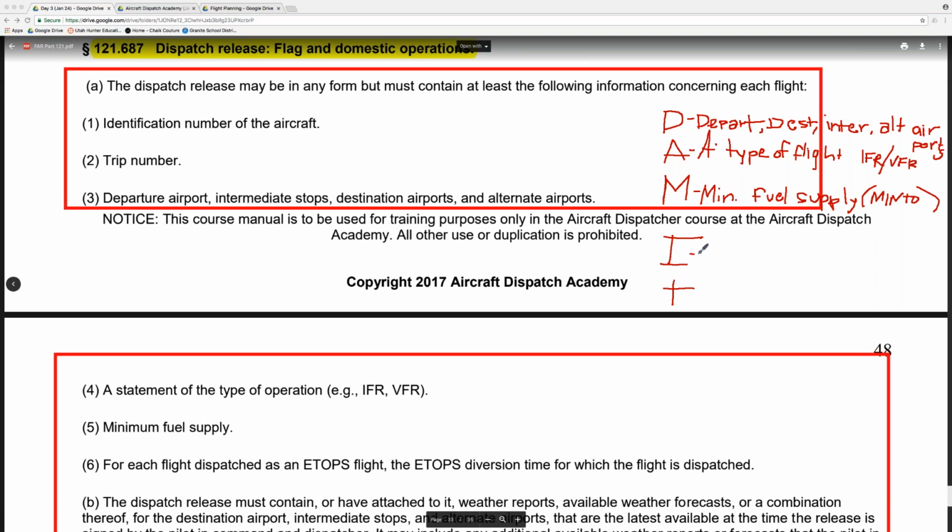I stands for ID number or serial number of the aircraft.